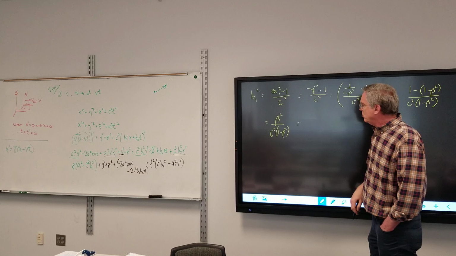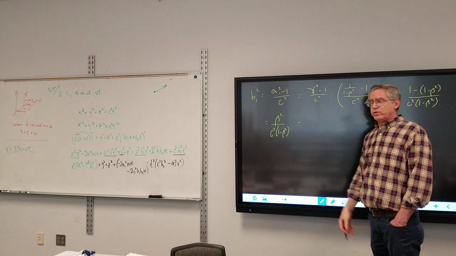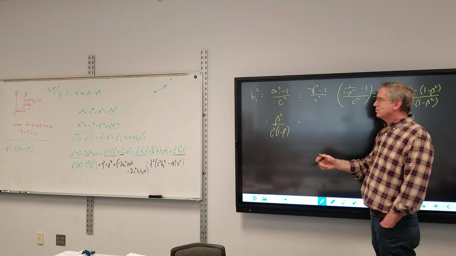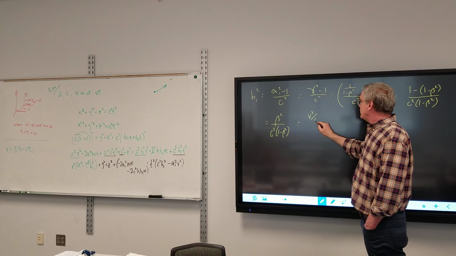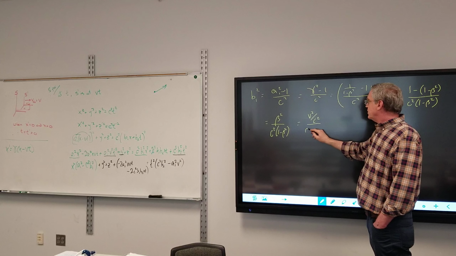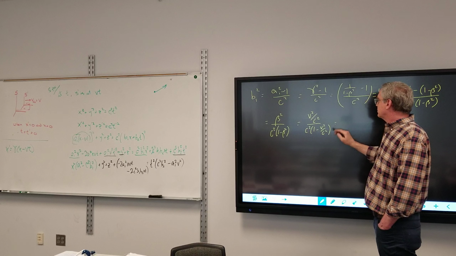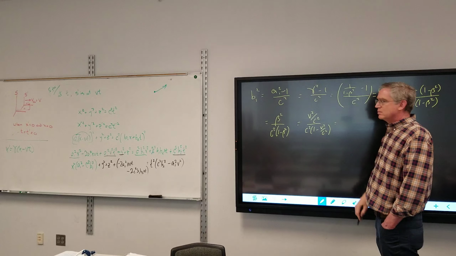Let's substitute the formula in for beta. What is beta? V over C. So I get V squared over C squared over C squared times 1 minus V squared over C squared. So distributing, I get V squared over C squared times C squared minus V squared.